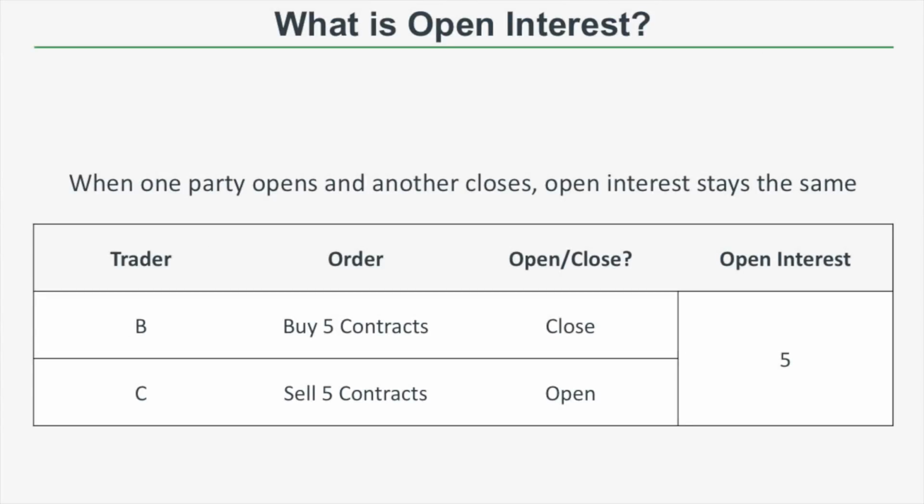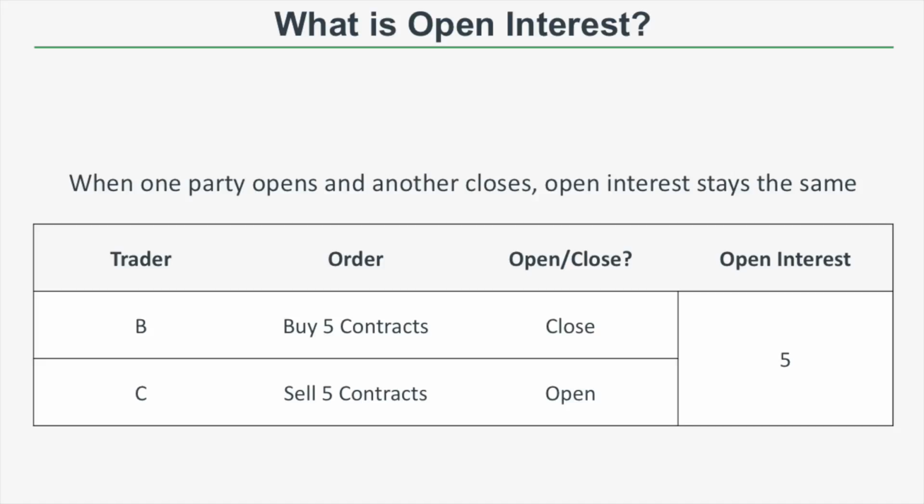Alright, so let's say open interest is 5 now because trader A and trader B both had opening orders. One was to buy 5 contracts and one was to sell 5 contracts, both to open. So open interest increased by 5. Now let's say trader B wanted to close his position while trader C wanted to open a position. So since trader B sold 5 contracts to open, to close their position they'll have to buy 5 contracts to close.